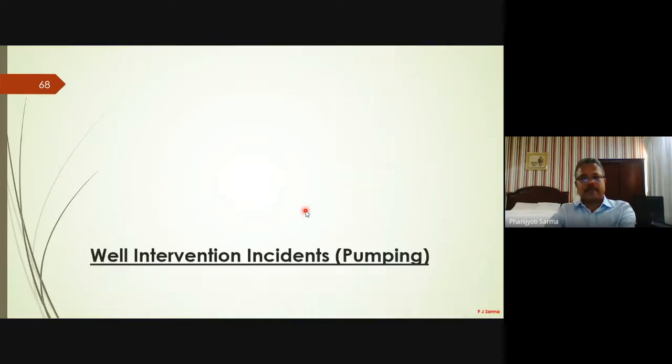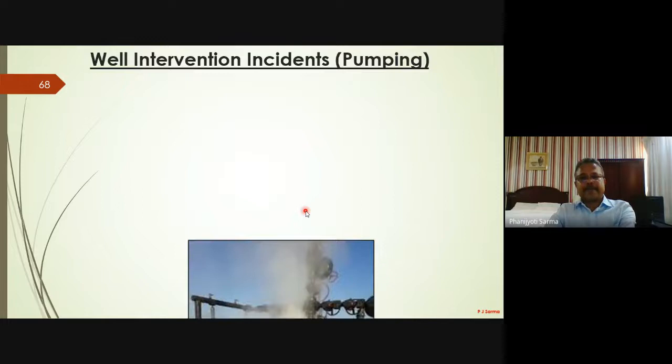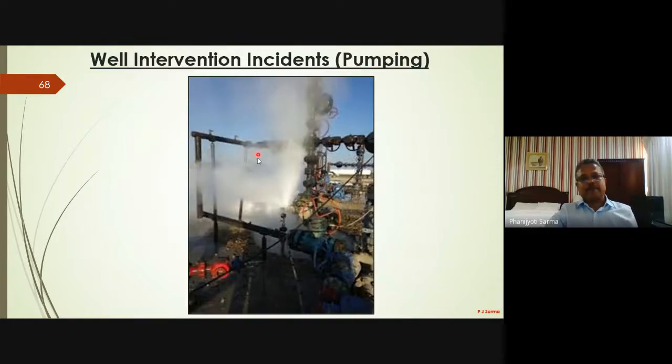Another one is during the pumping. During the pumping operation, the pressure is a hazard. If the equipment is not fit for purpose, then the pumping line gets burst, and you can see the consequences.